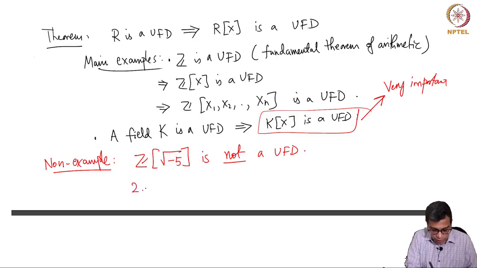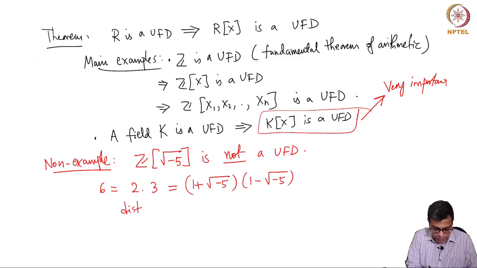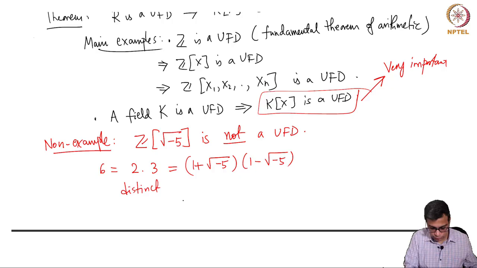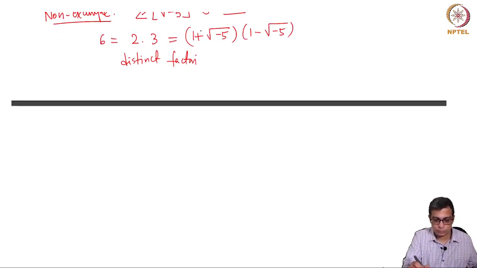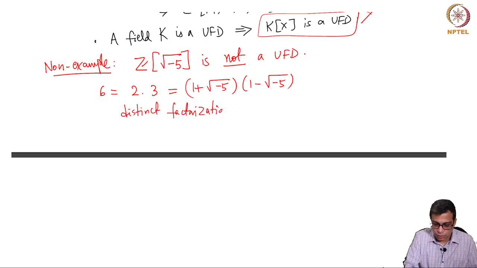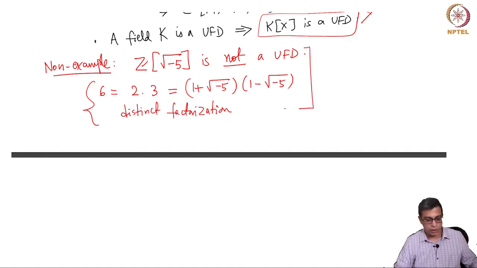Here it turns out that the element 6 has two distinct factorizations. This will rarely come up for us in this course, or in fact never, but I just wanted to give you an example of a ring which is not a UFD.